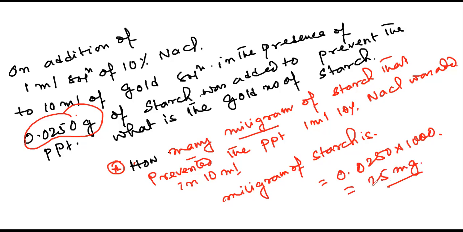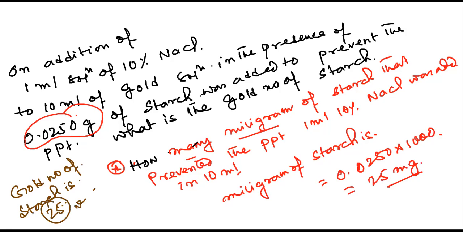So the gold number of starch is 25. This is how the gold number must be calculated. Okay, this is actually very easy, and this comes in your CBSE exams also. So you should see this one also. So gold number is very important.